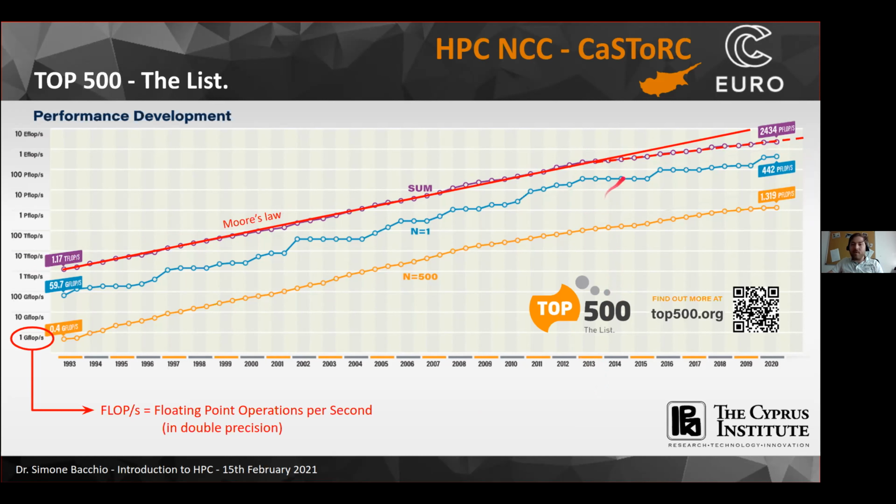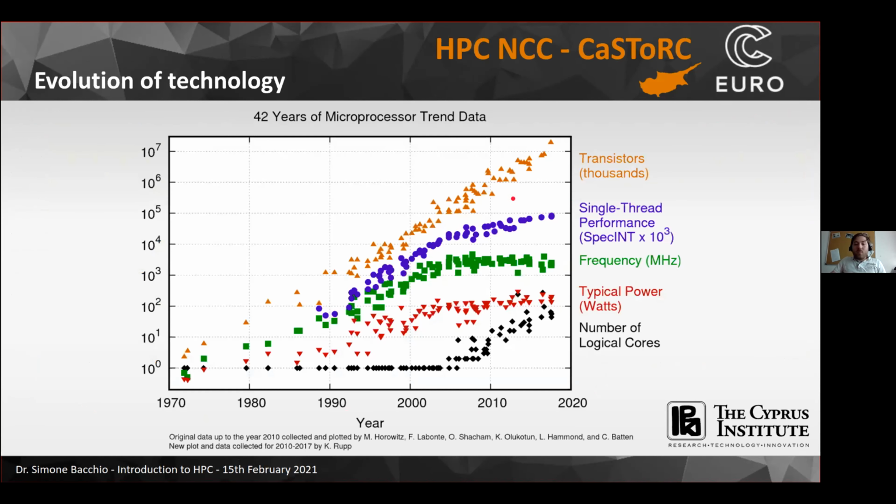So instead of having exascale performance earlier, we are reaching it just now. Why is this? Because the technology of these computers is changing continuously, and we reach limits in technology as we develop it.